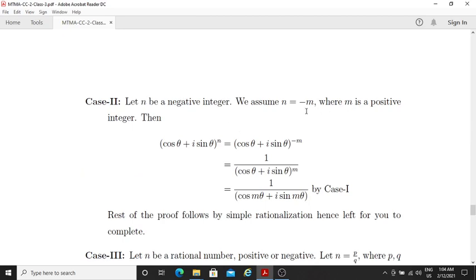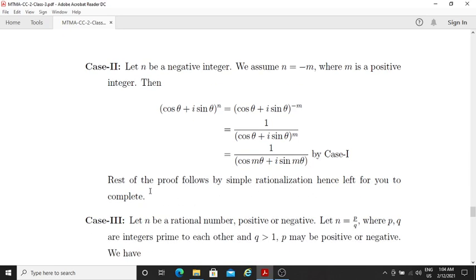For n a negative integer, suppose n is minus m. If it is minus m, then minus means it goes in the denominator, and as we know that m is a positive integer here, this will be this, and the rest of the proof follows by a simple rationalization.